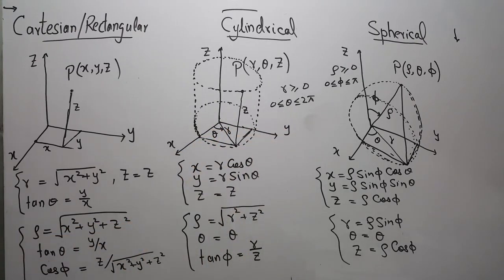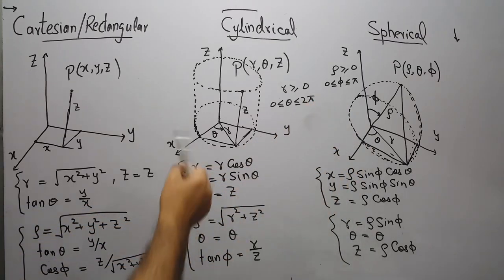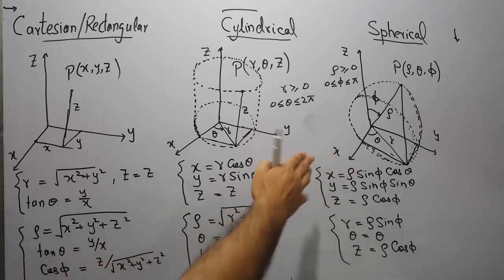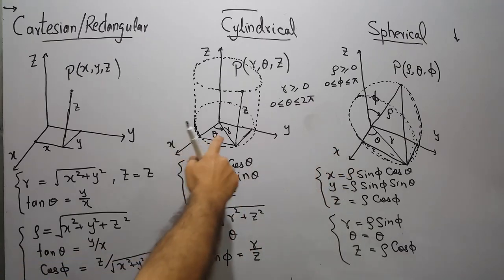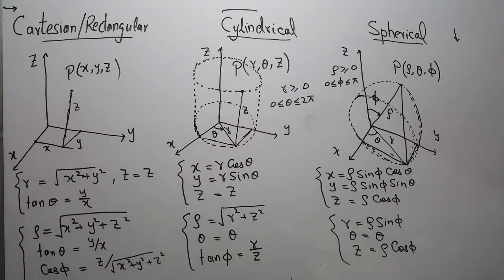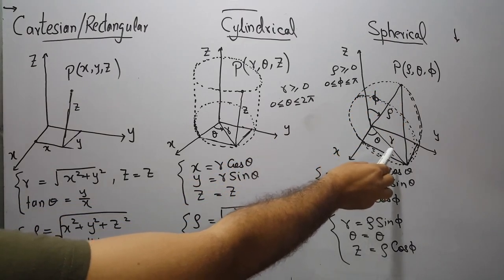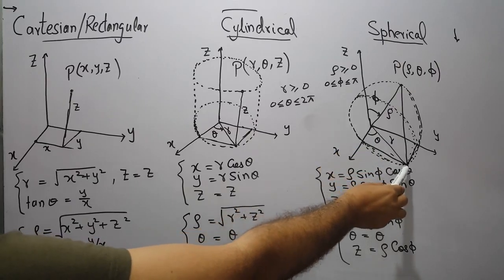If we go to the spherical one, you can see that this is exactly the same thing. r and theta are already there. It means that we have to use r and theta, and then you go up to a certain point z. Now we have to transform that point z. So for that you have to draw a line. Similarly, we do exactly the same way that we drew this radius r.